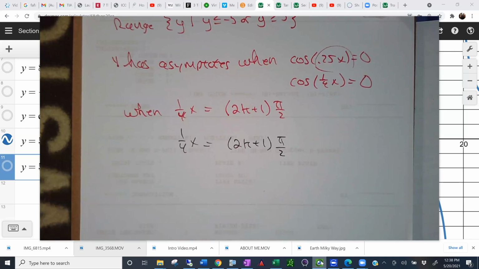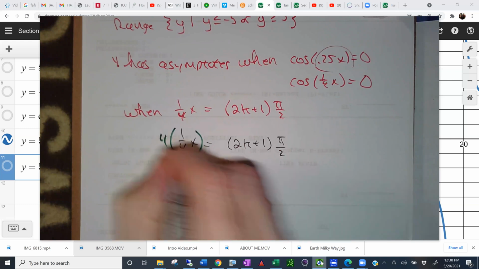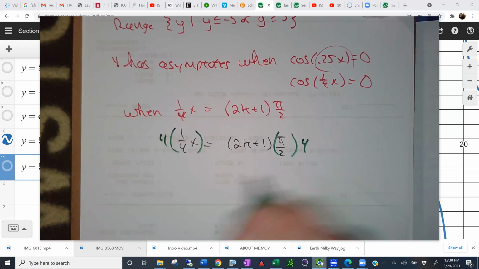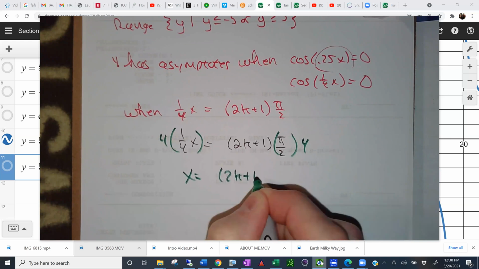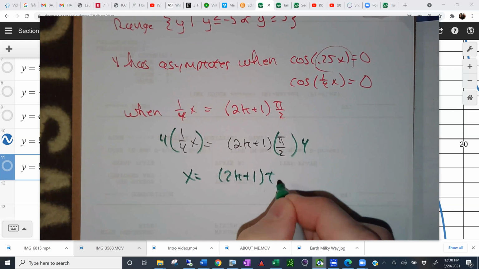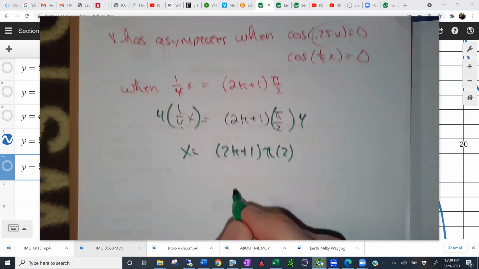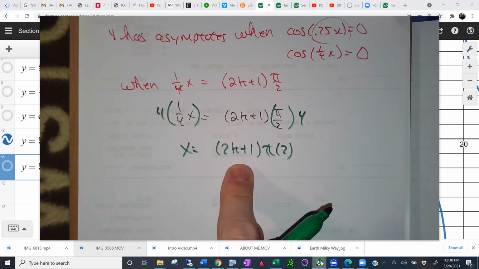We're just going to multiply both sides by 4, right? Multiply by the reciprocal. In this case, 4. And on the left-hand side, I get x. On the right-hand side, I just get 2k plus 1 times pi. And that's going to cancel and leave me with 2. So basically, odd multiples of 2 pi.